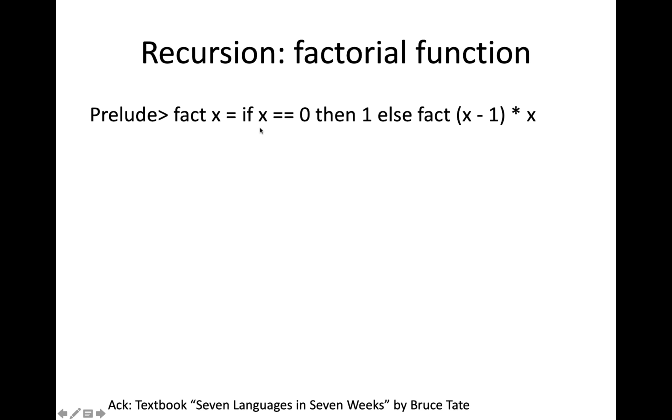Let me read it. If x equals 0, then we return 1, else we return a recursive part. There we are calling this same function fact with x minus 1 as the argument, and multiplied with x. That is as expected, and now it's ready to use. To compute the factorial of 3, we just write fact 3 and get 6.